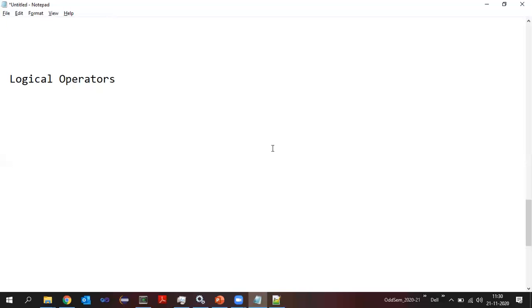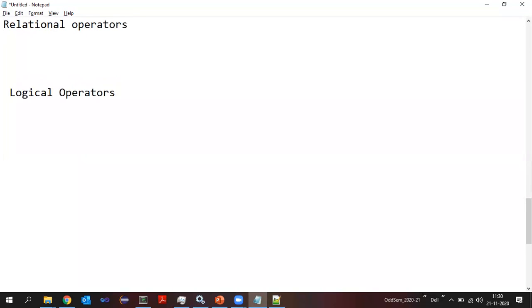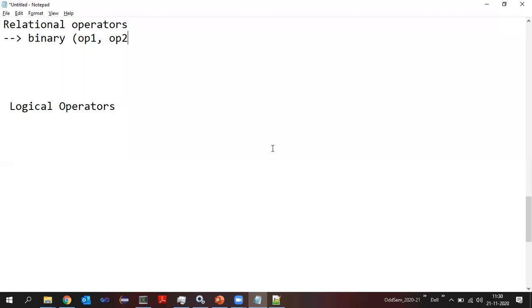When we were discussing relational operators, they were binary operators. Binary means it requires two operands. When I write OP1, that means it is the first operand, and when I write OP2, that means it is the second operand.